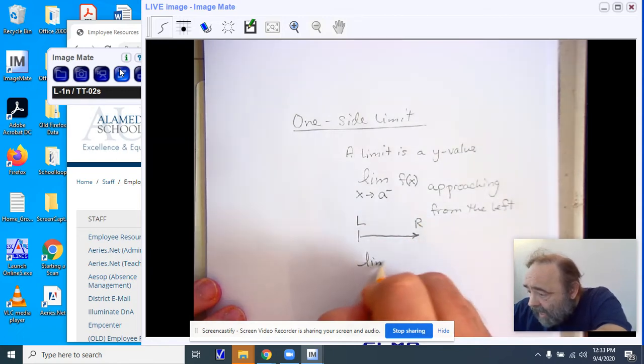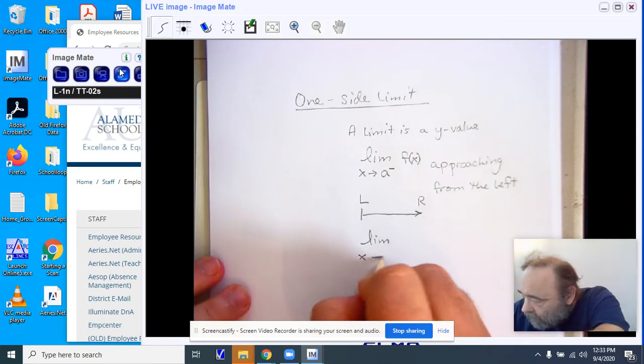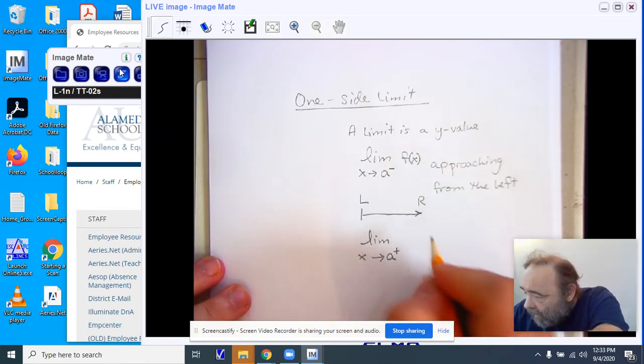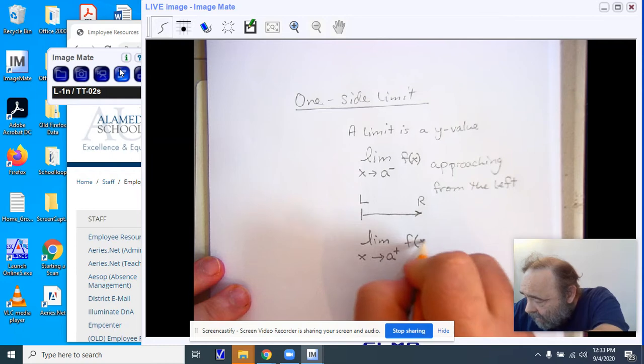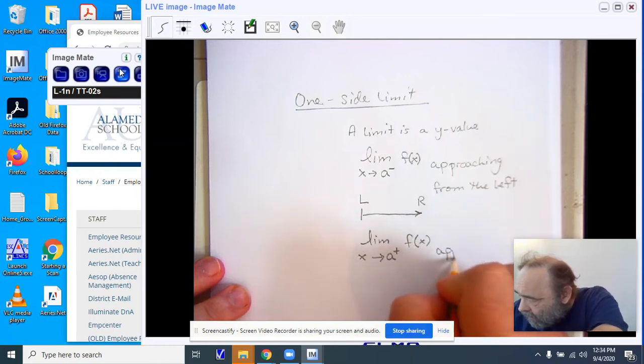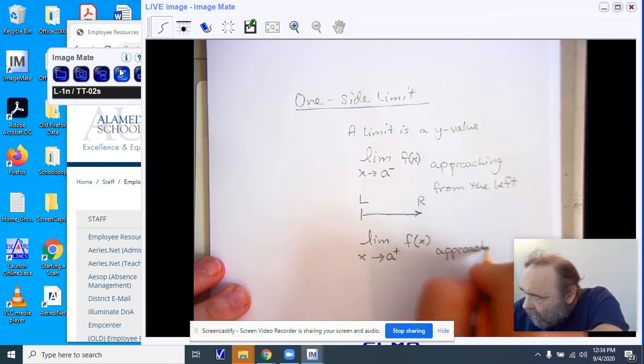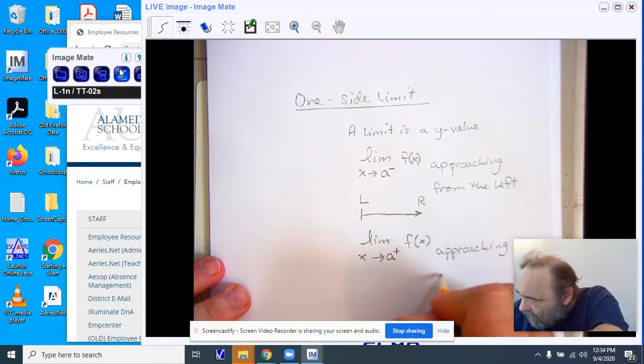If I see the limit as x approaches a value from the positive side, this is saying approaching from the right.